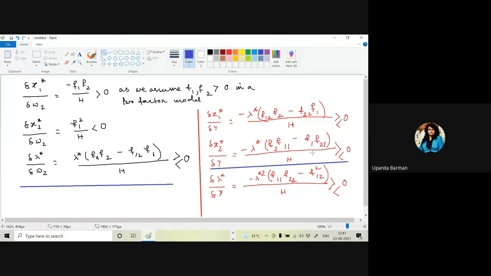I said something, later I changed it. This will be only lambda star, not minus. Even I was confused with this.